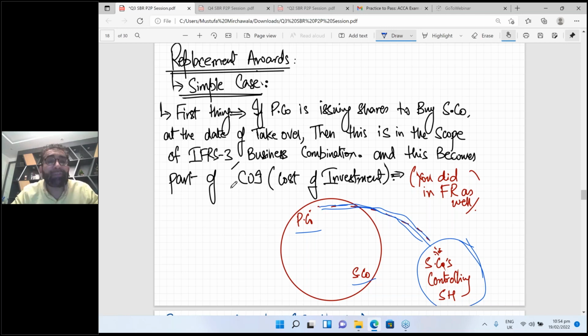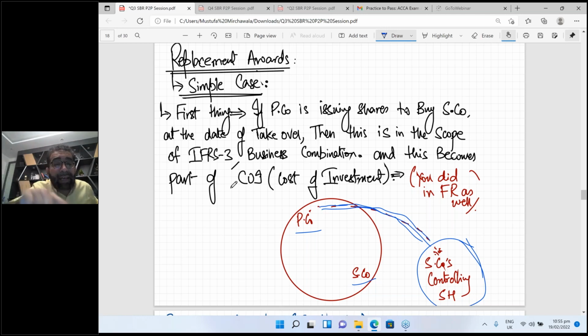If parent company is paying the price to S company's controlling shareholders in the form of shares, then this is never IFRS 2.